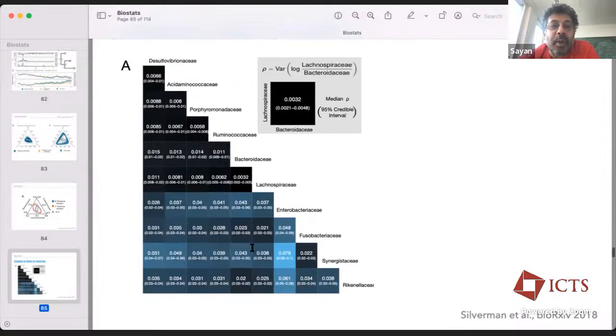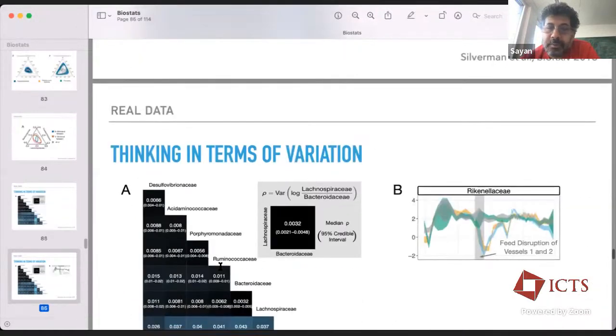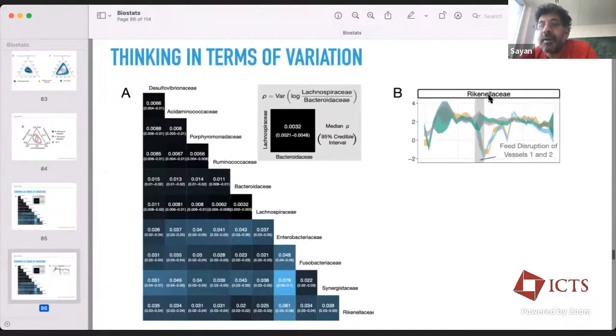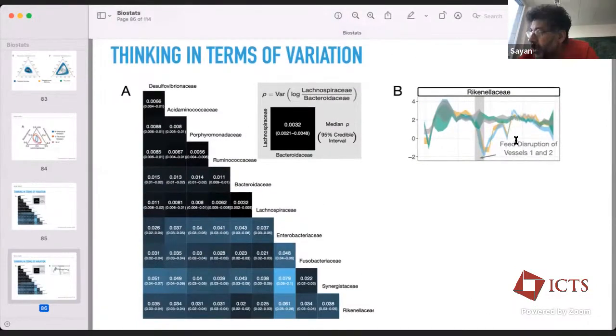So what we can give you is a matrix of how the different proportions are covariant. And that's what this picture is trying to show. And what's interesting is you can use this to see, for example, here something happened at this point, and there was a feed disruption of the probiotic.